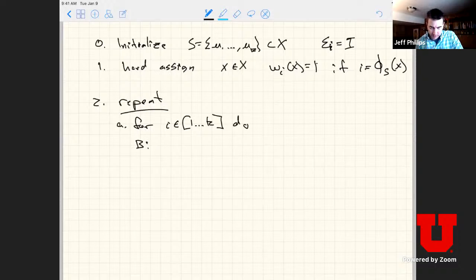We're going to start by creating the total weight assigned to each of these. The first time through, this is just the number of points assigned to each cluster. Right, so this is the number of points. This will be our numerator. But later on, it's going to be the sum of the weights in the assignment. We're going to calculate mu_i, which is going to be this weighted average.